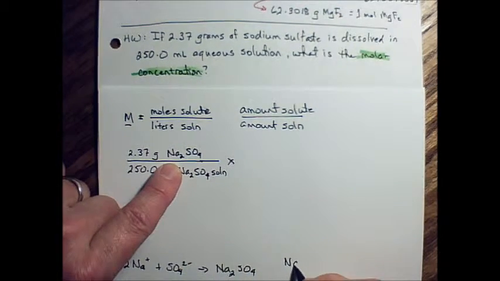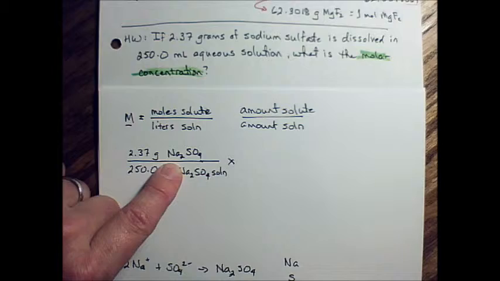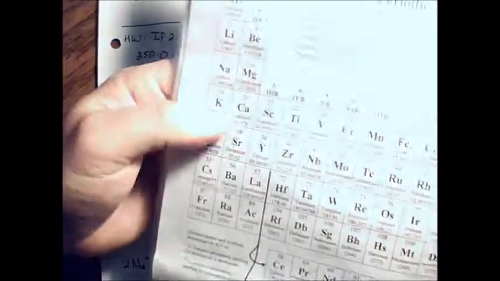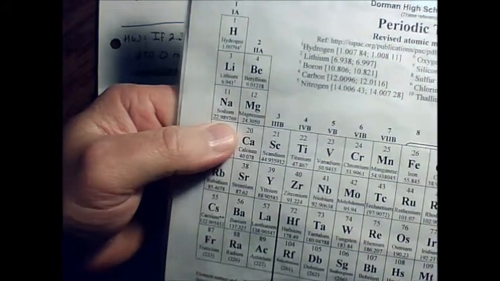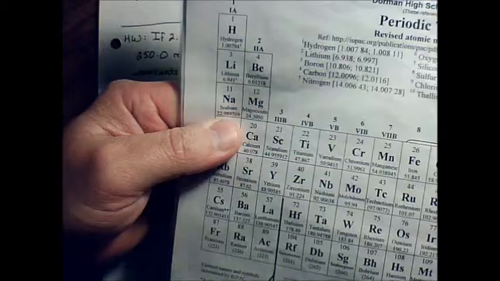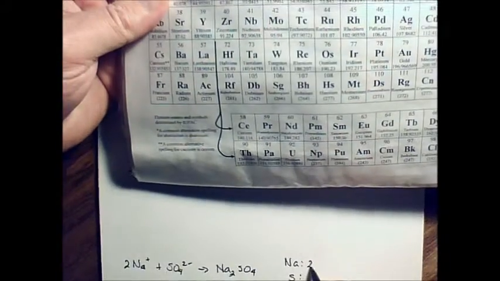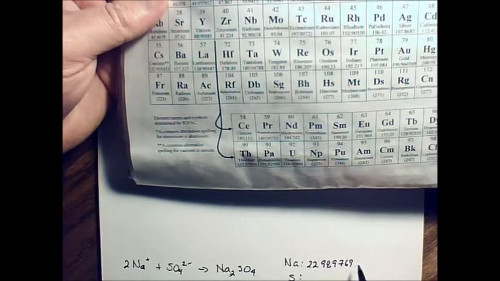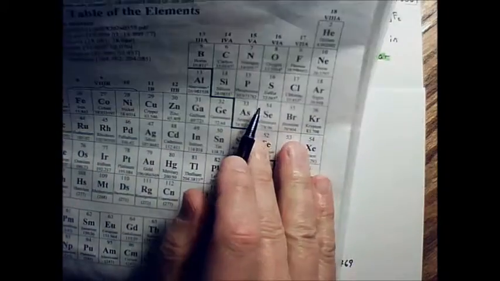We've got sodium and sulfur and oxygen in this compound. We go to the regular periodic table and find the atomic masses for these elements. Sodium, right here above my thumb, is 22.989769. Sulfur is 32.065.